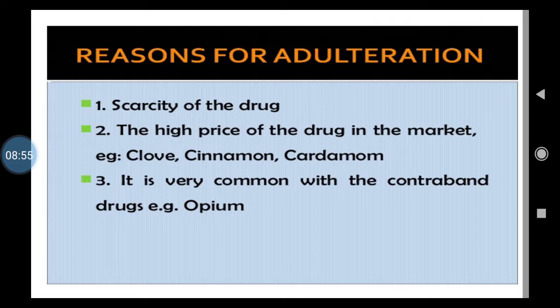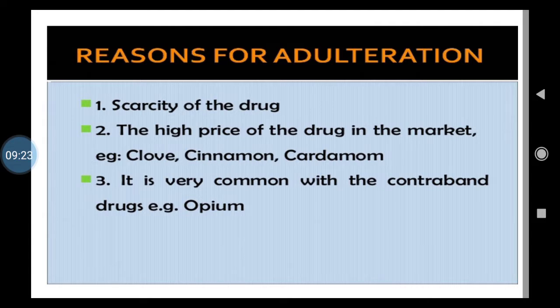Other is the high price of the drug in the market. Whatever the original drug or article is, it has a high price in the market because of its quality and because of its less quantity.